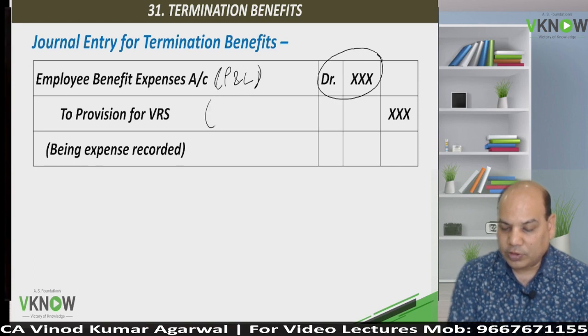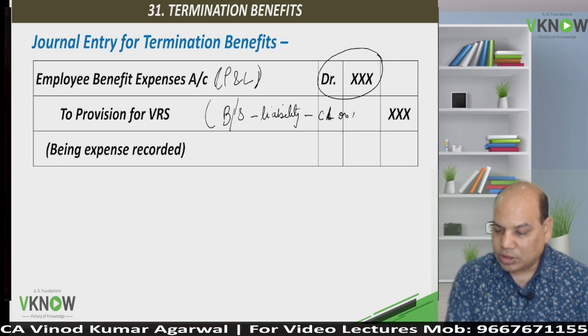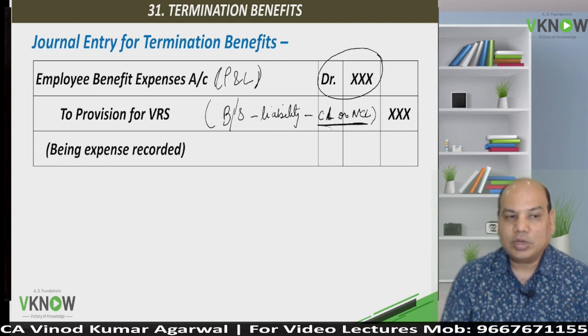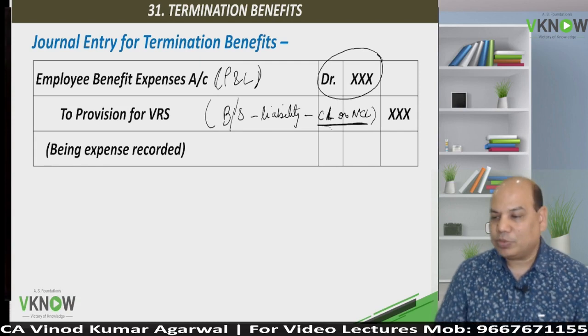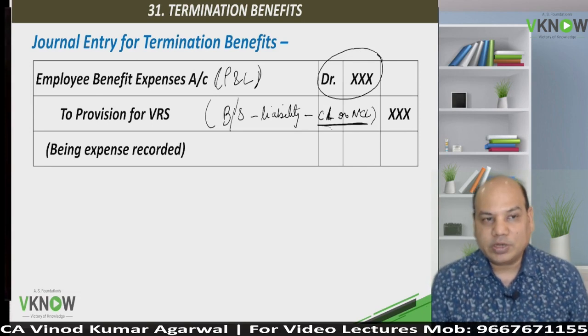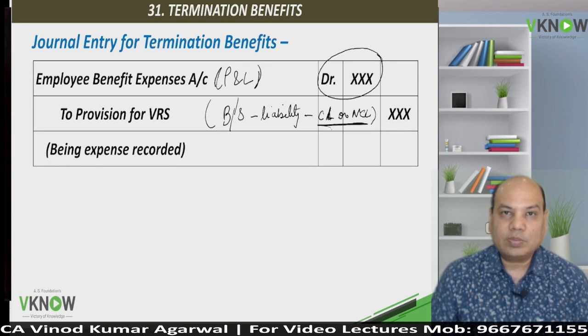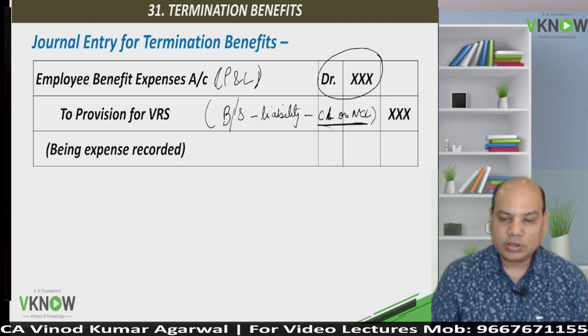To provision for VRS, this goes to balance sheet, liability side, either current liability or non-current liability depending upon when the liability would be paid. If the liability would be paid within 12 months, then we will call it current liability. If the liability is payable more than 12 months, then we'll call it a non-current liability.